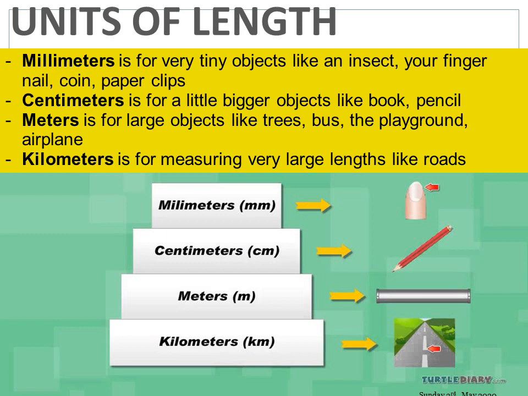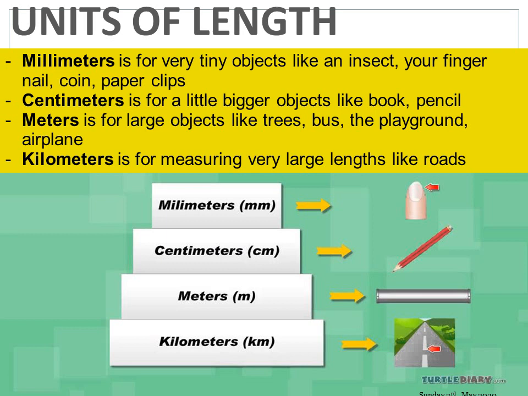The next one is centimeters. Centimeters is for a little bit bigger objects, like your book, your pencil. You can measure them in centimeters. You can measure your school bag in centimeters, and you can measure just objects around the house in centimeters.